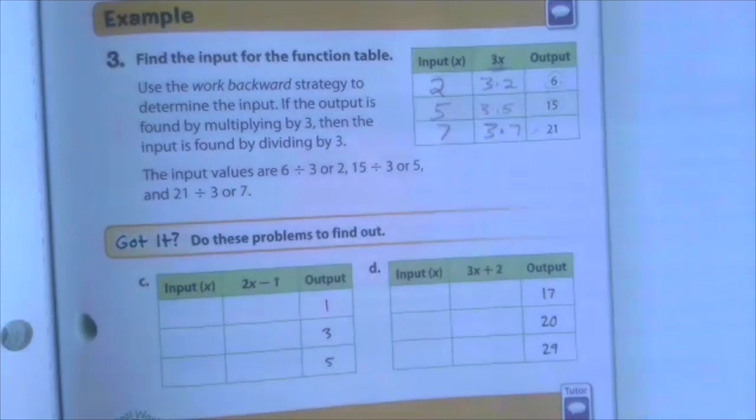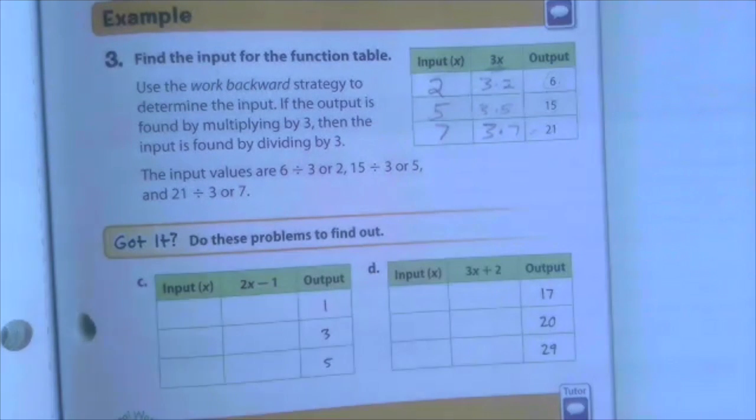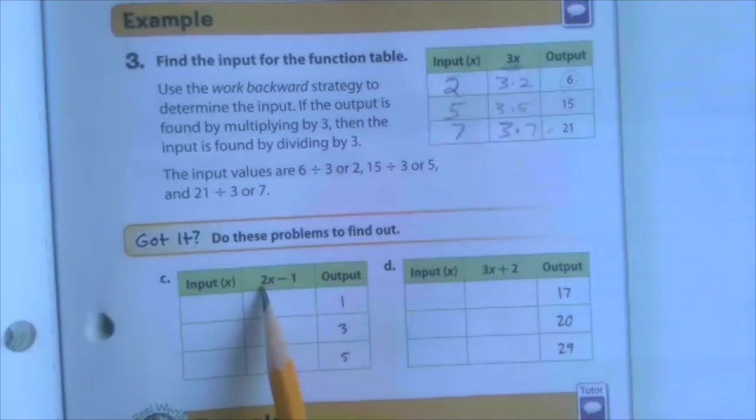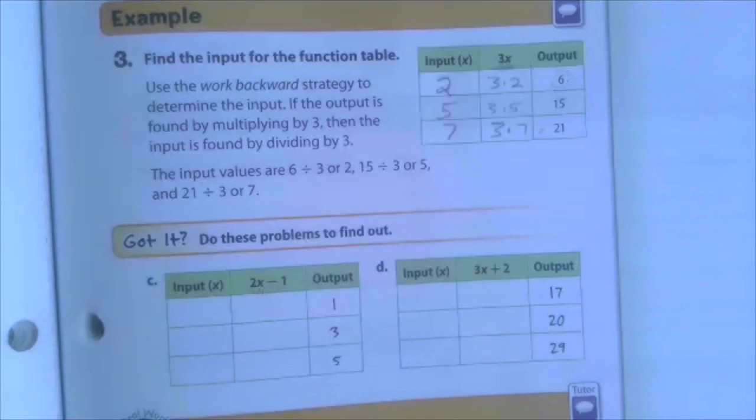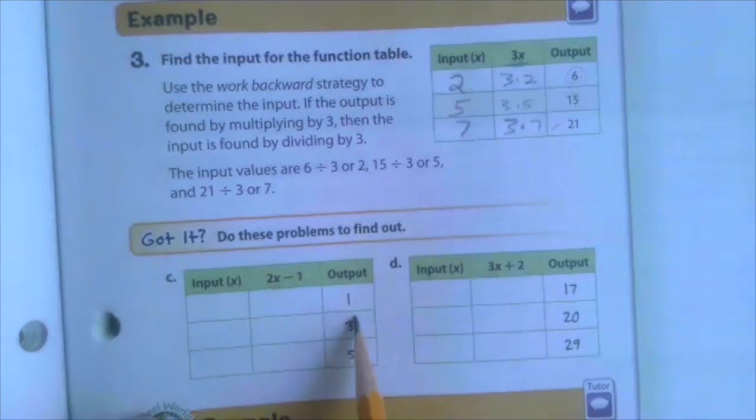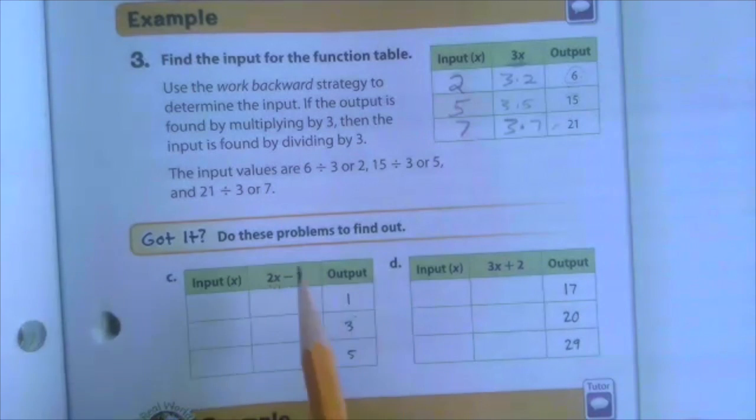So now it gets a little bit more complicated down below, because look here, it has 2x and it has a minus 1. So you're having a times and a minus. For these, you have to do the opposite of what it says, because you're going backwards this time. So this is 2x minus 1, and the output is 1.